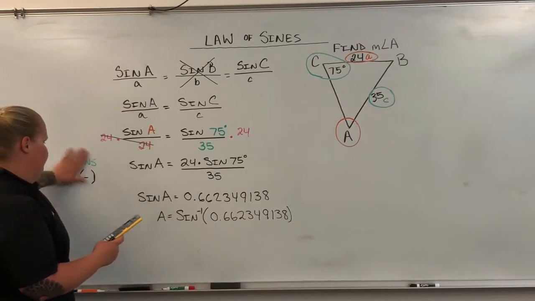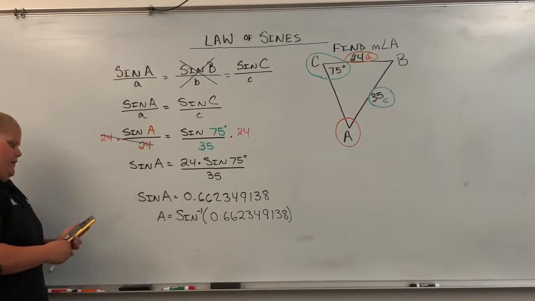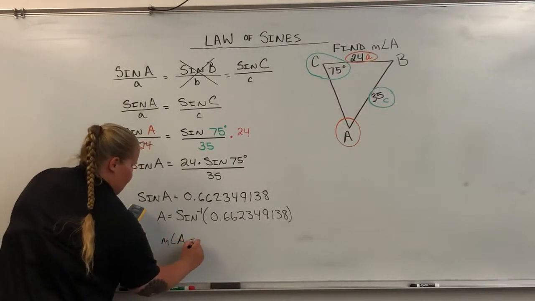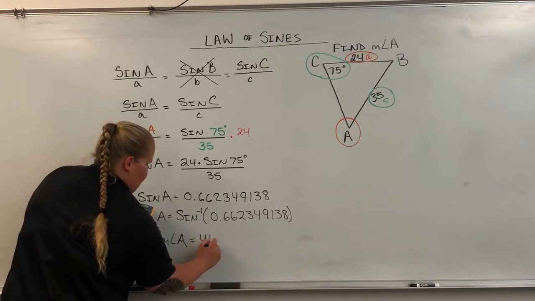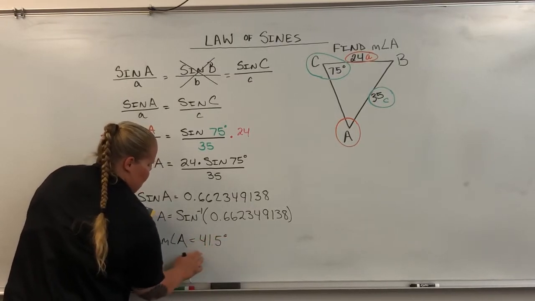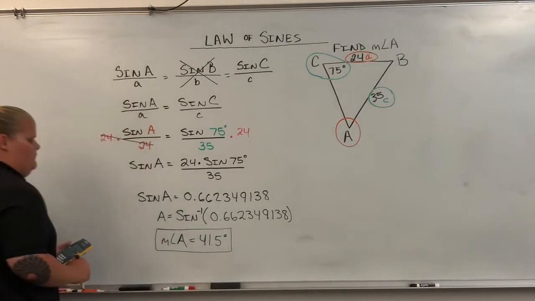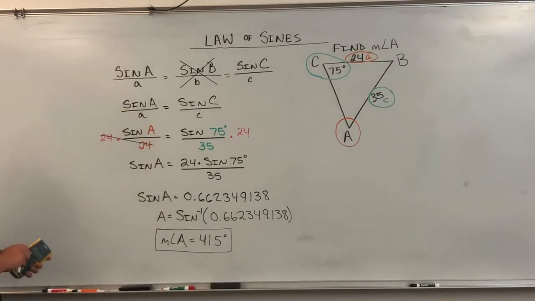So anyway, we're going to hit enter. And the measure of angle A is equal to 41.5 degrees. So that is how you find a missing angle using the law of sines on a non-right triangle.